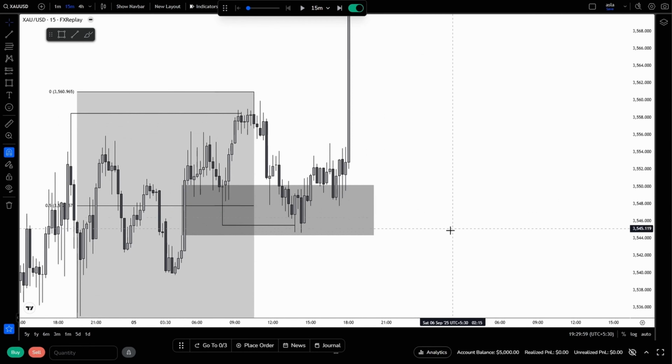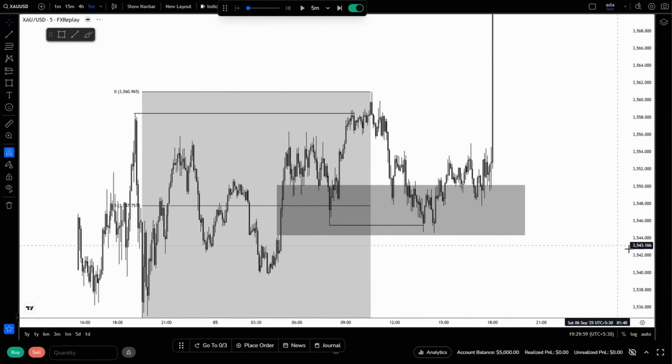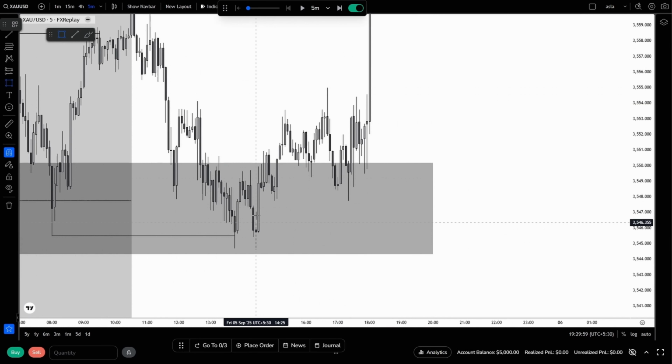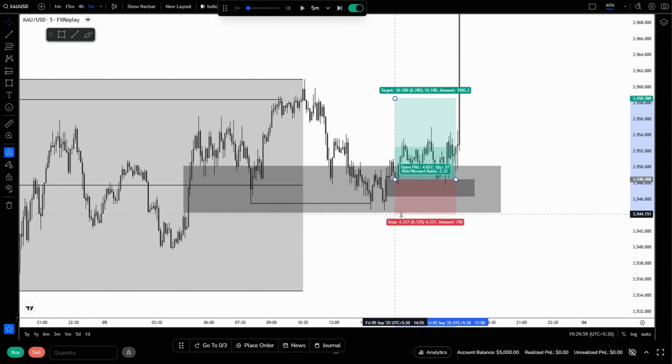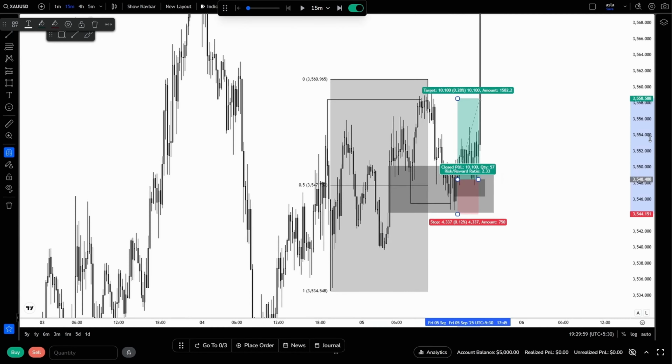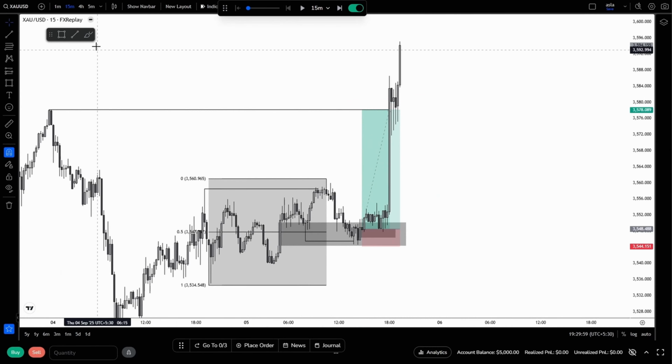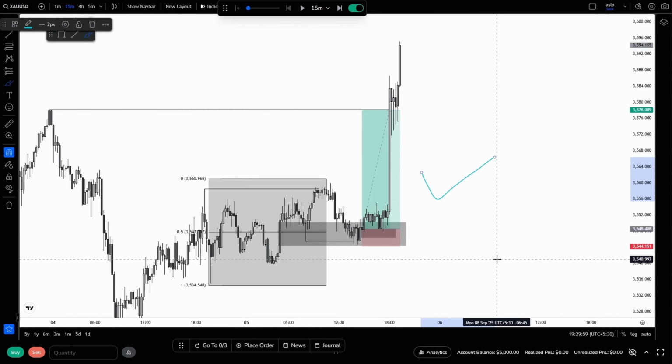It trades into discount, fills the fair value gap, sweeps these lows, and then gives us a clean opportunity to enter in alignment with the 4-hour time frame bias. Now, if we take that trade and target these highs, as suggested by the 4-hour time frame, look at what happens next. Exactly as expected, price moves straight into our targets.